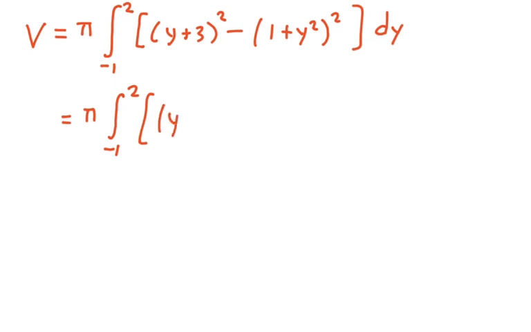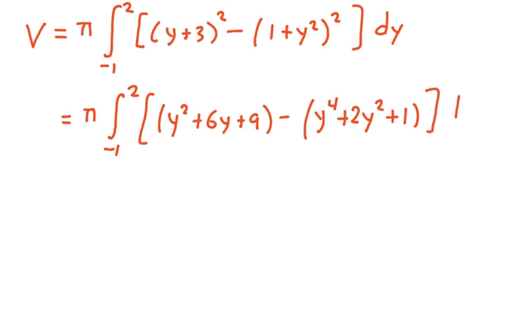So this is pi times the integral from negative 1 to 2 of, and I'm going to get y squared plus 6y plus 9 minus y to the 4th plus 2y squared plus 1. So I just squared out everything, and I'm integrating with respect to y.